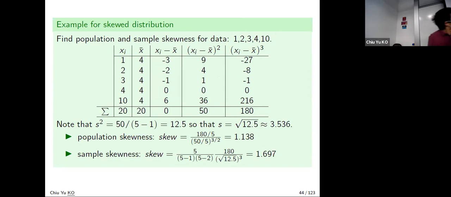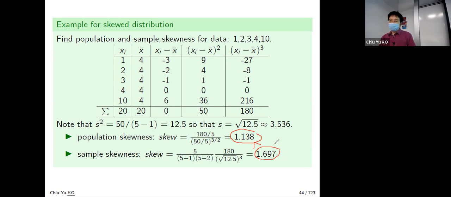The mean is 4, because 20 over 5 is 4, and this guy is further and further away. I'm not going through every single detail, but you can see the sample skewness is 1.6 and the population one is 1.13. This is much bigger.